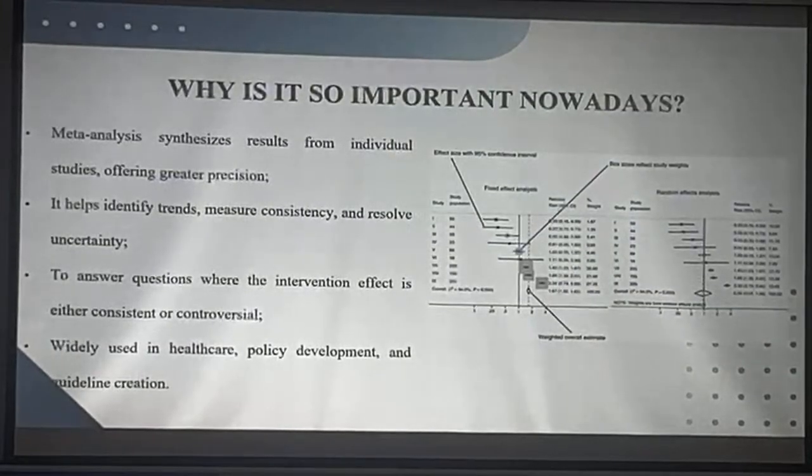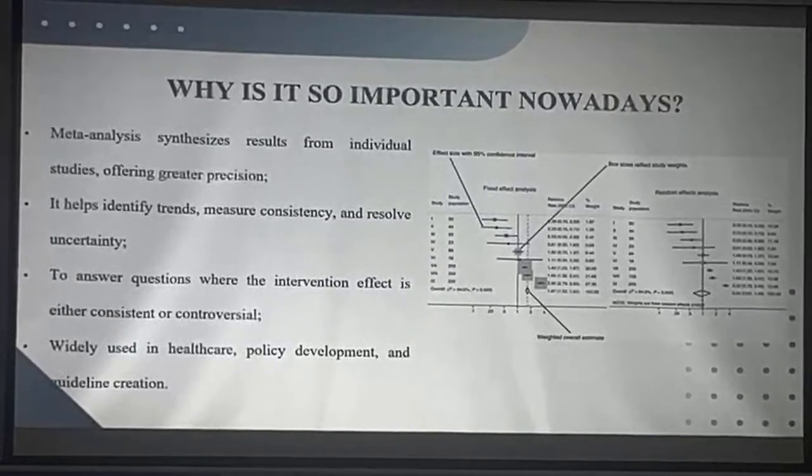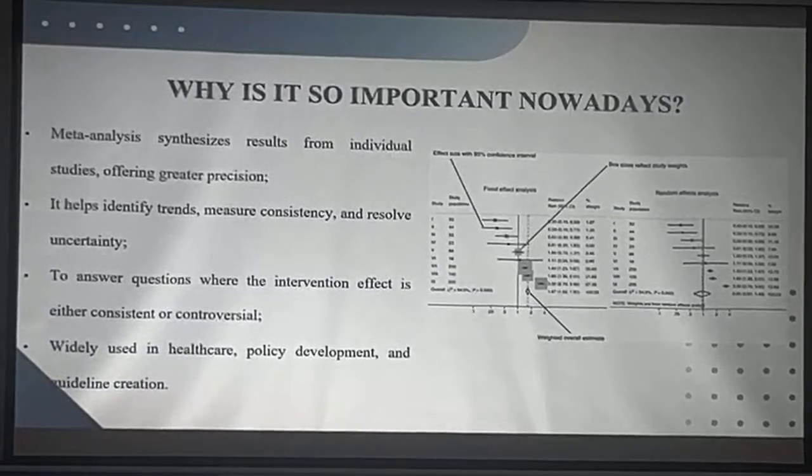And why is a meta-analysis so important these days? The body of literature has been increasing dramatically over the last years. Every day around 20,000 papers are published, and the criticisms, doubts, and questions that might emerge from these papers are real.